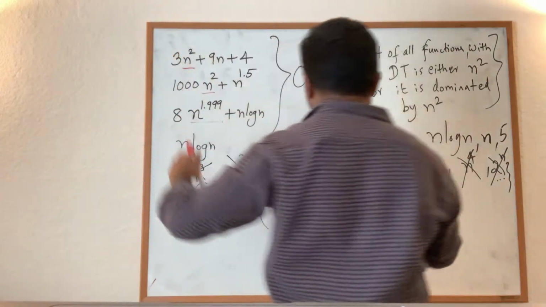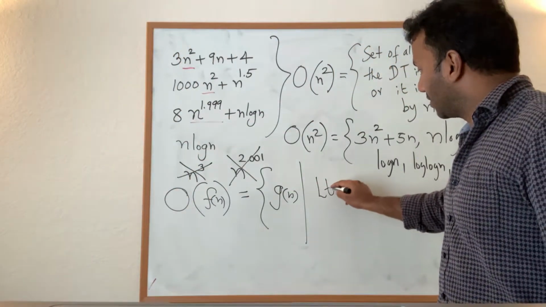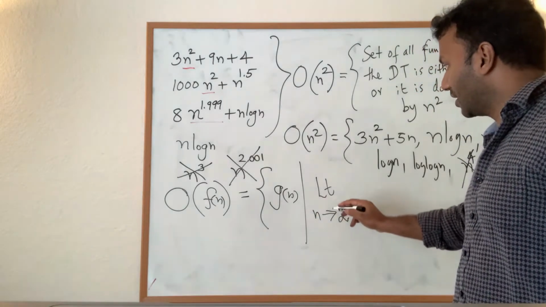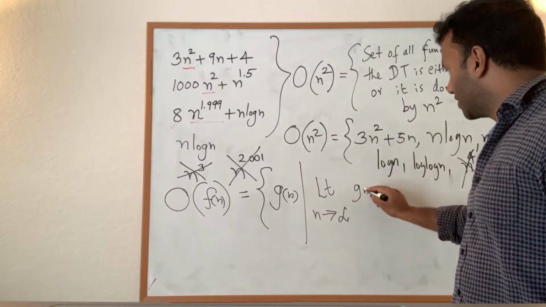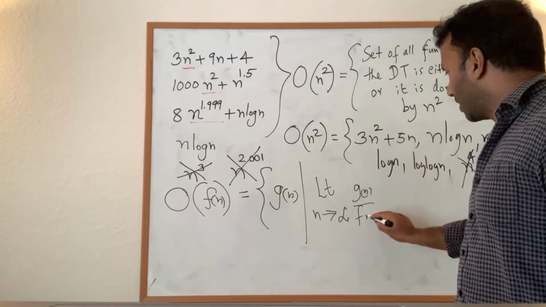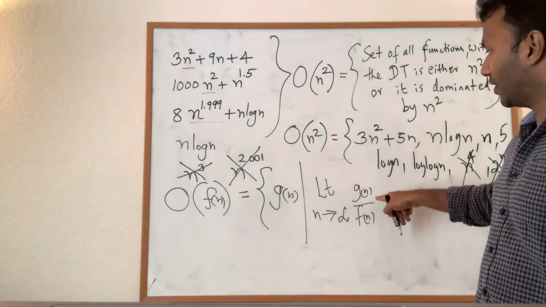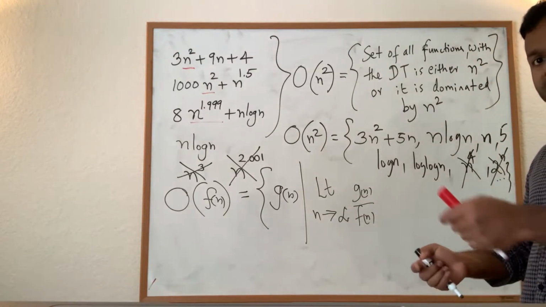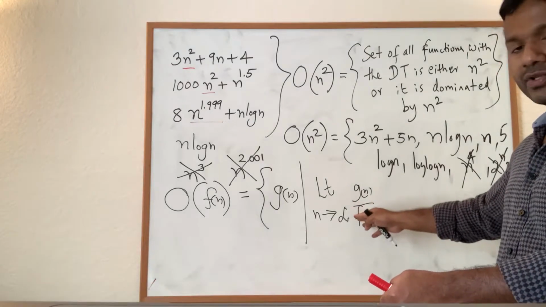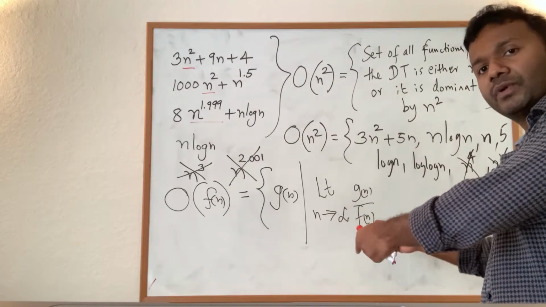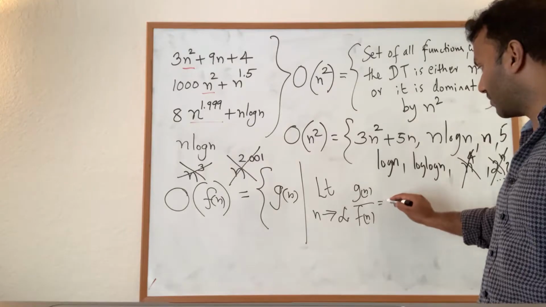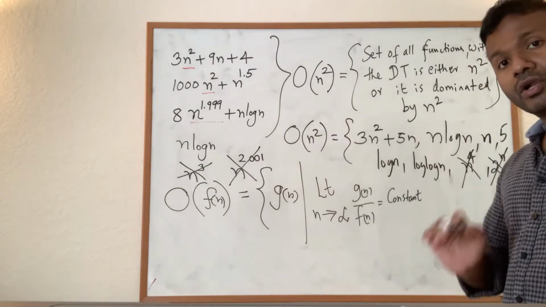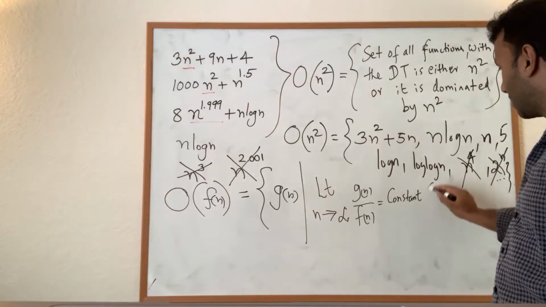Okay, which means when n tends to infinity, what is the limit of g of n by f of n? When the dominating term of g of n is equal to that of f of n, as n grows to infinity, this will converge to a non-zero constant, right?